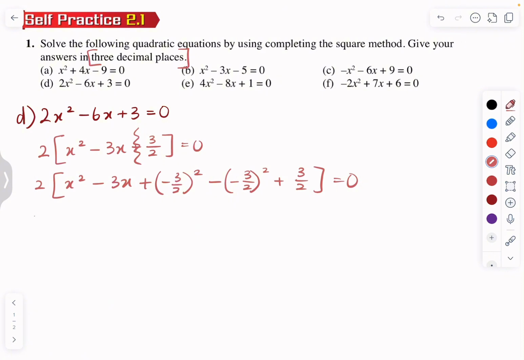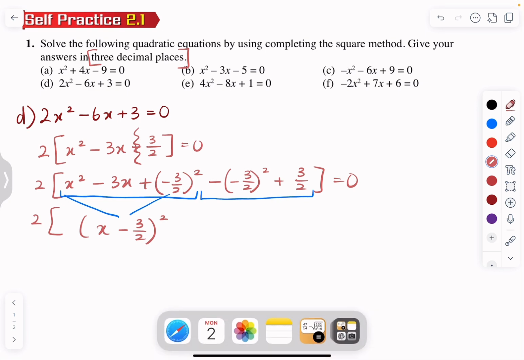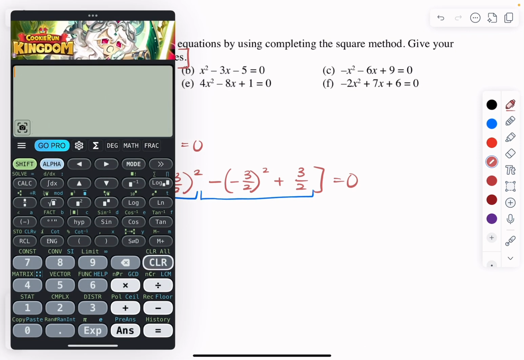Okay, then so this is the first part. This is the second part. So the first part, x and this must come together. So we'll get x minus 3 over 2 square. The second part, we just put it in the calculator.